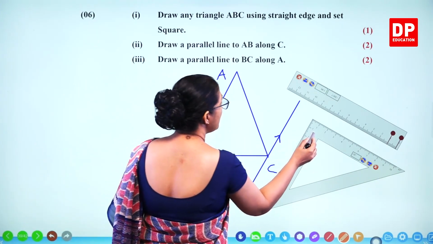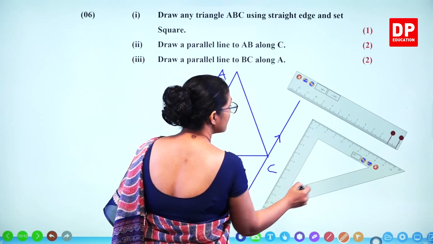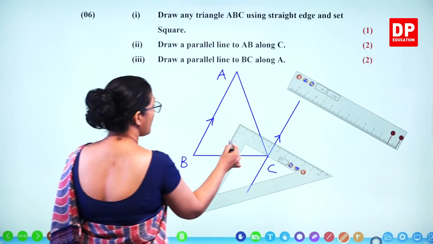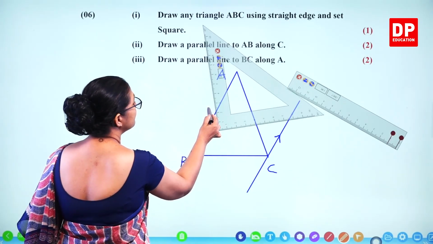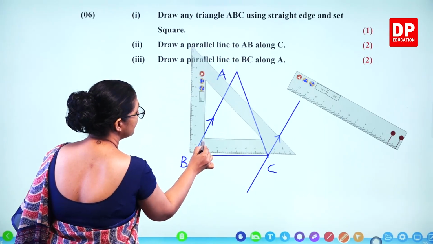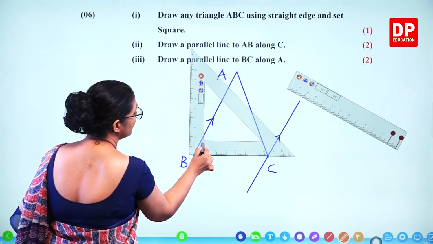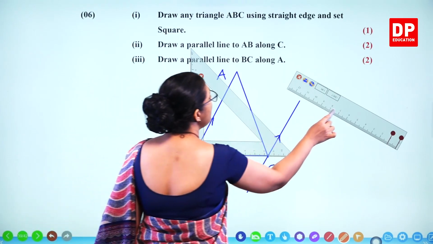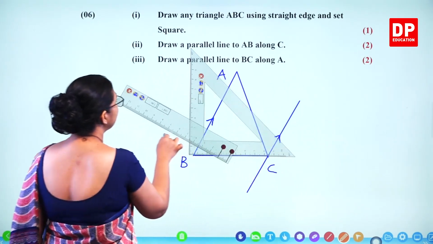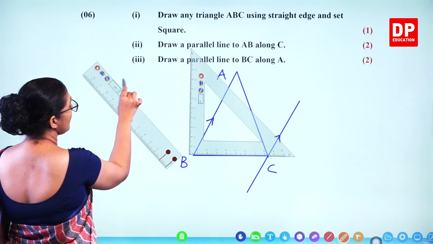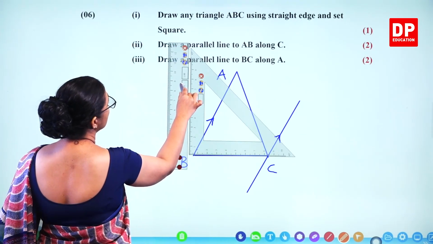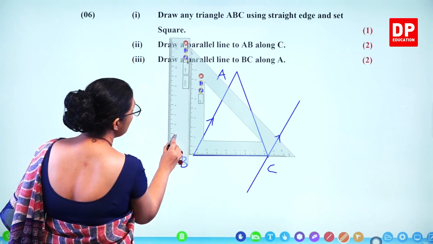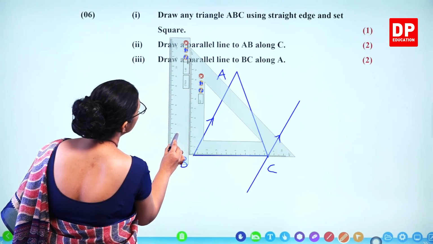So we'll keep the set square on the BC line, and then we take the ruler and keep it here on top of this one.